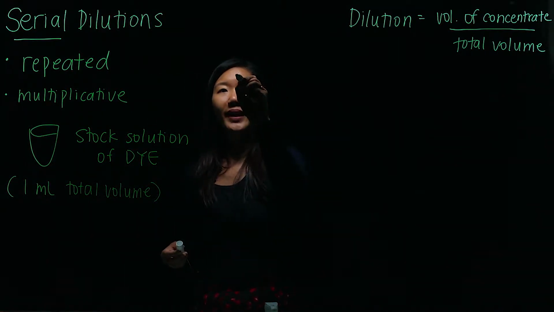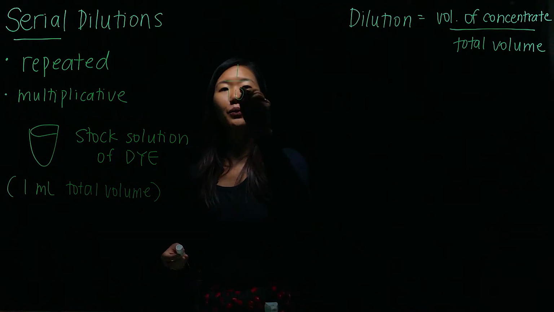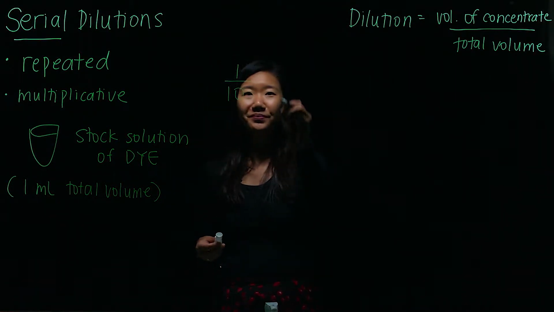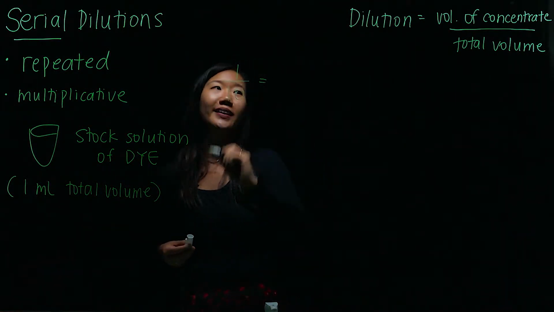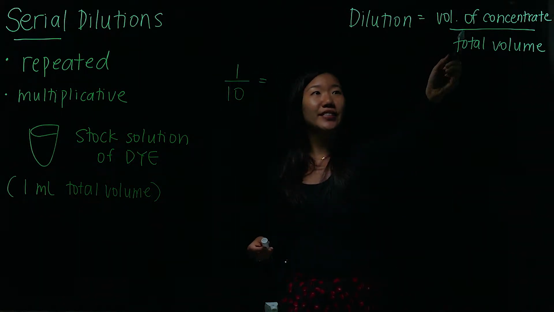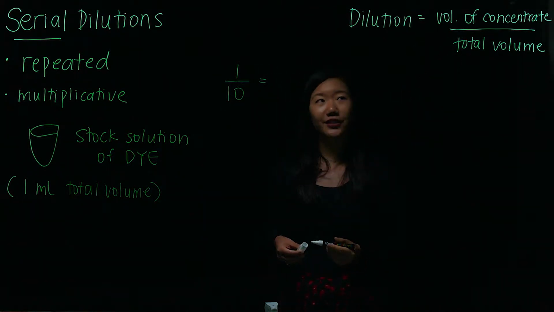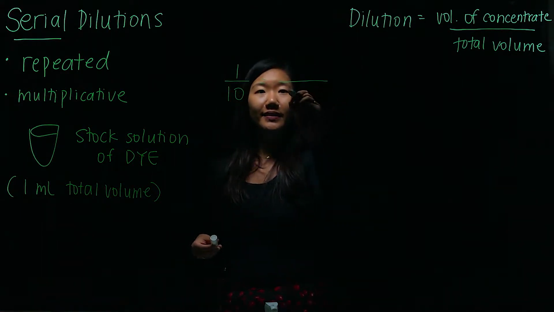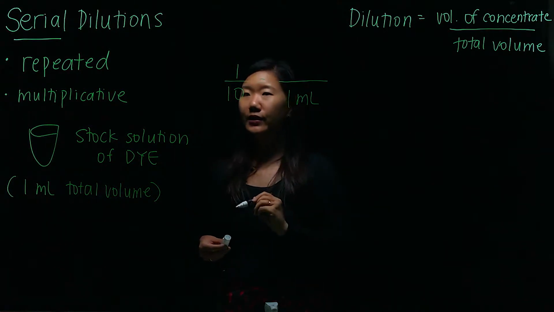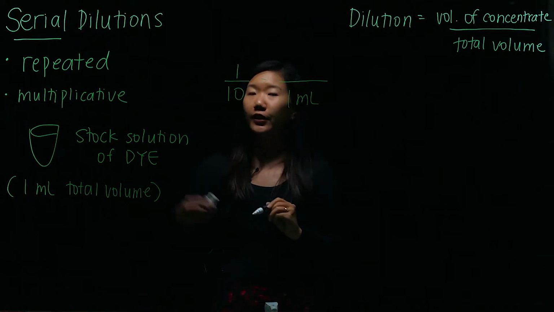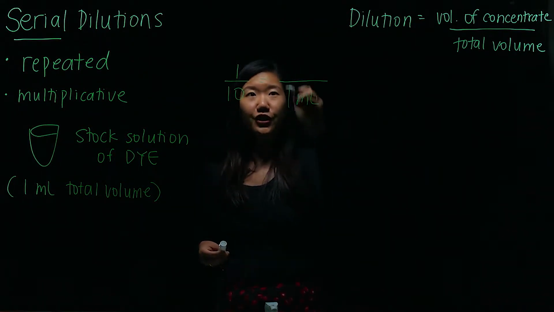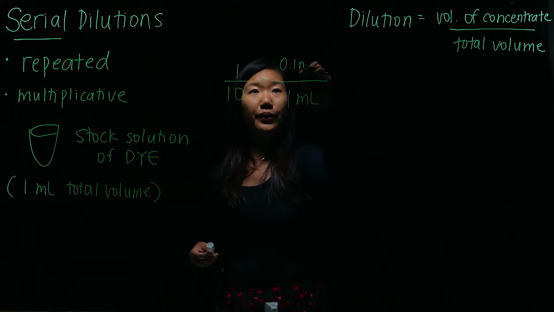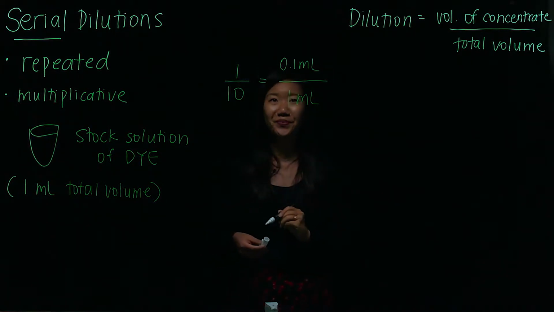So how would we make a 1/10 dilution? To remind ourselves, the dilution is the volume of the concentrate over the total volume. So if the total volume is 1 milliliter, the volume of the concentrate or the stock solution that you would need is 0.1 milliliter.